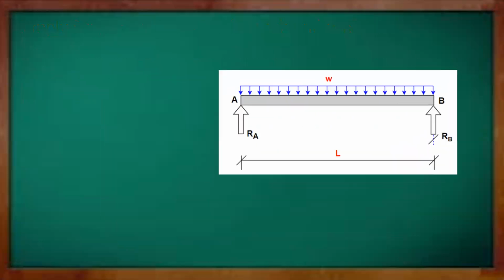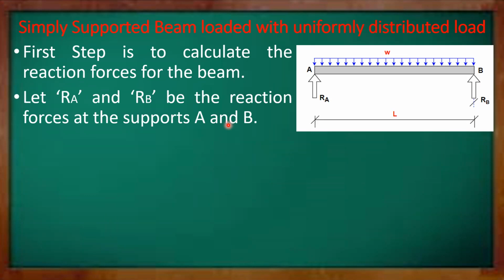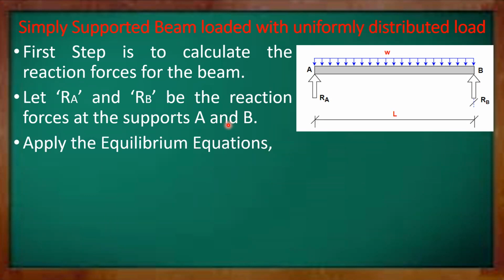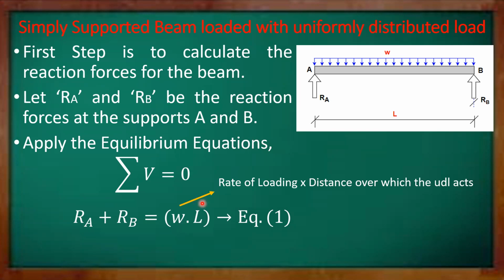loading. As usual, we first calculate the reaction forces for the simply supported beam, and let us assume RA and RB as the reaction forces at the supports A and B. When we apply our equilibrium equation, the sum of vertical forces is equal to 0, which gives RA plus RB is equal to W times L. This W is called the rate of loading, and L is the distance over which the UDL acts.